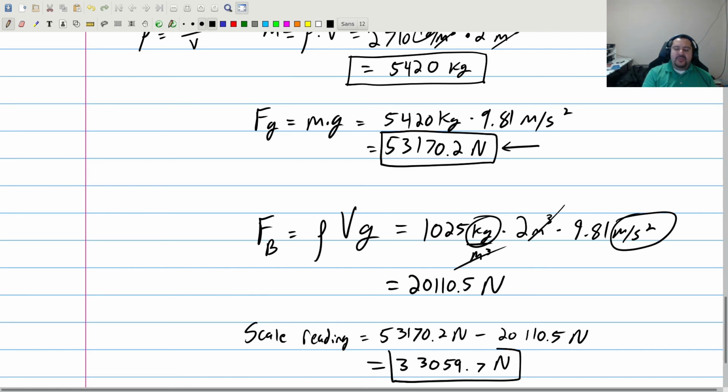So it turns out that piece of aluminum feels a lot lighter when you're in the water and a lot heavier when you're out of the water.